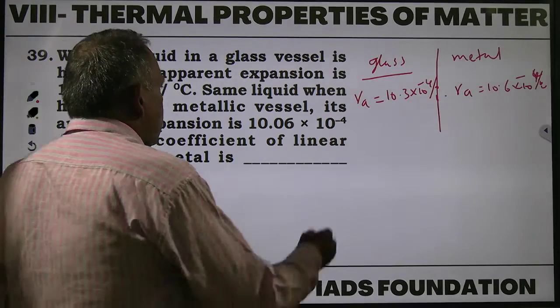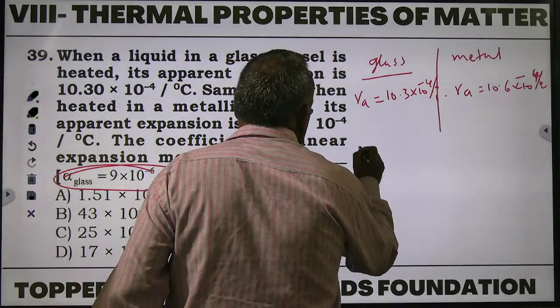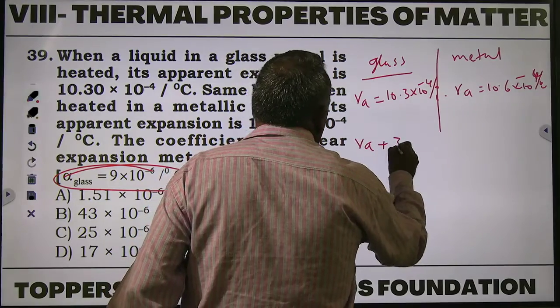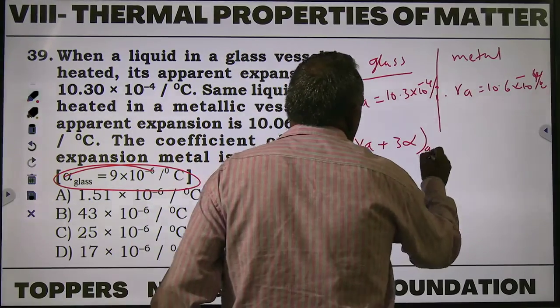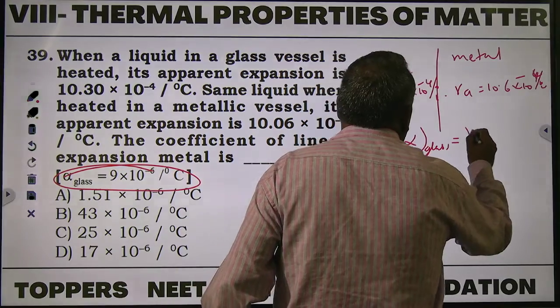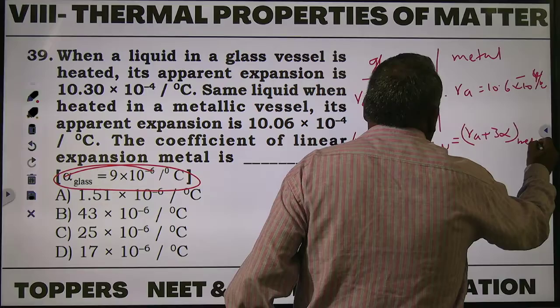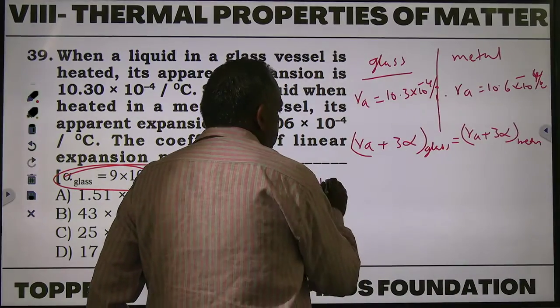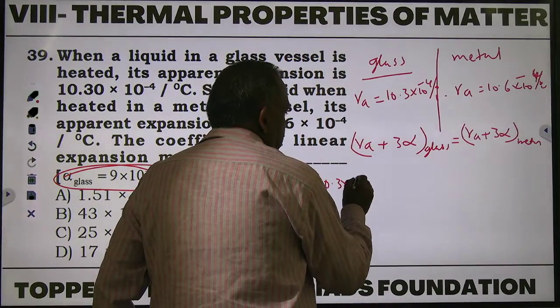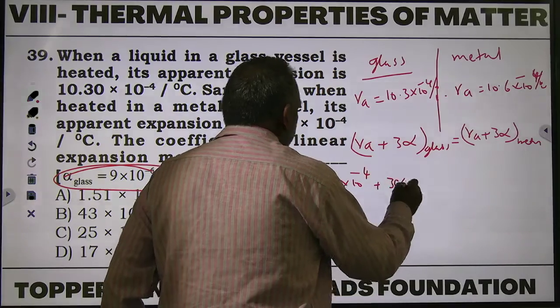That is nothing but gamma A plus 3 alpha of the glass equals gamma A plus 3 alpha of the metal. Just substitute values here: 10.3 into 10 power minus 4 plus 3 alpha of the glass.